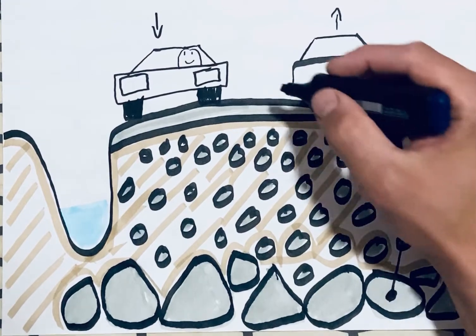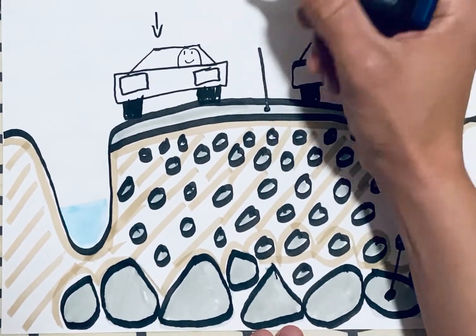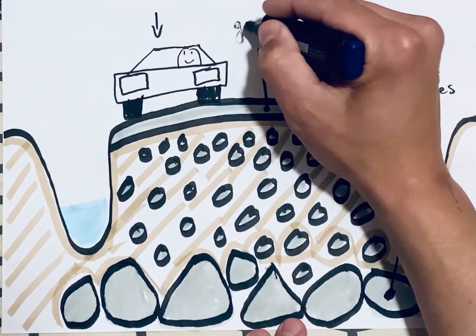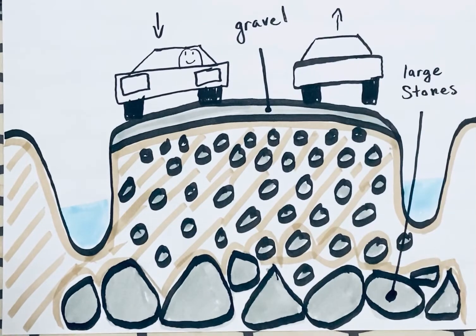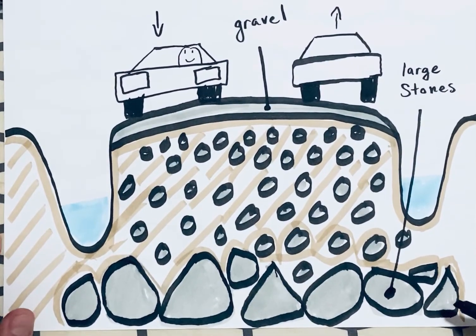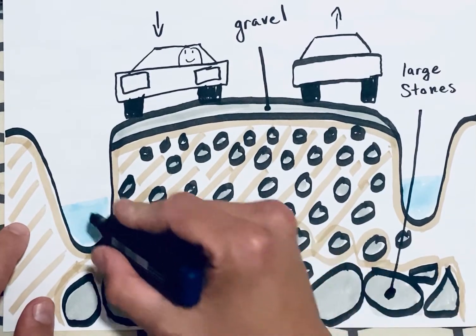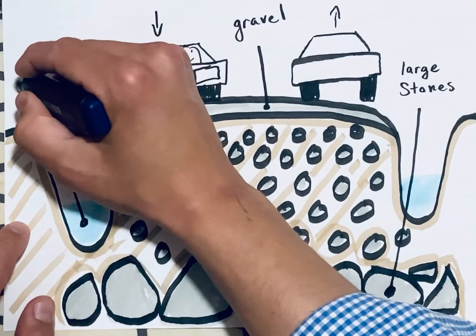Here we're going to draw a circle, and we're going to go up, and we're going to write the word gravel. Very good, boys and girls. And here we're going to write the word ditch.